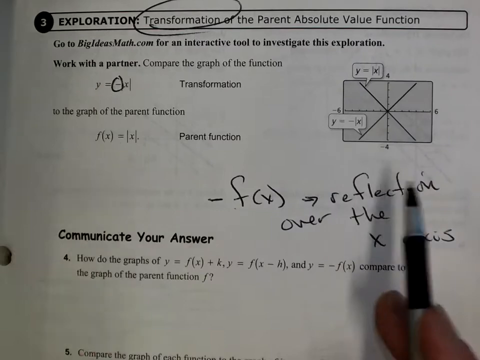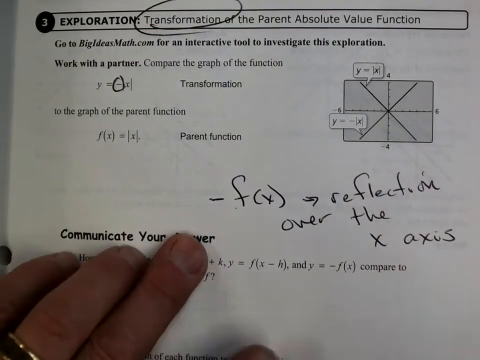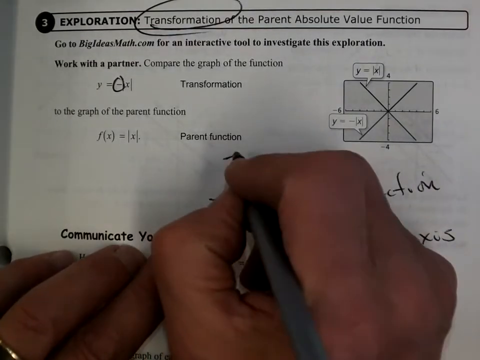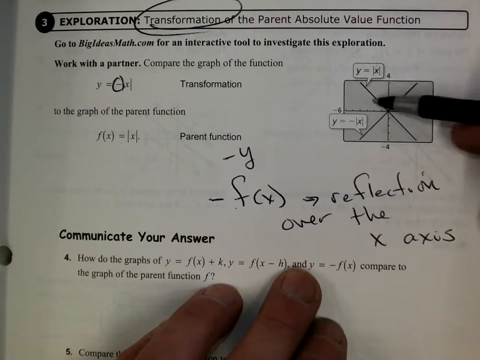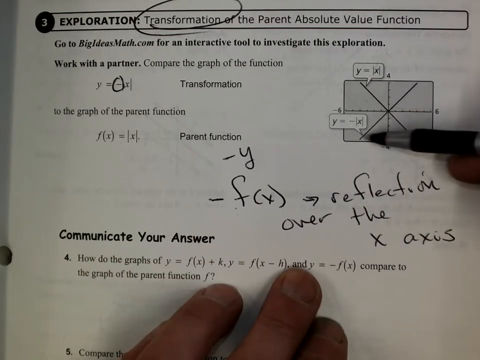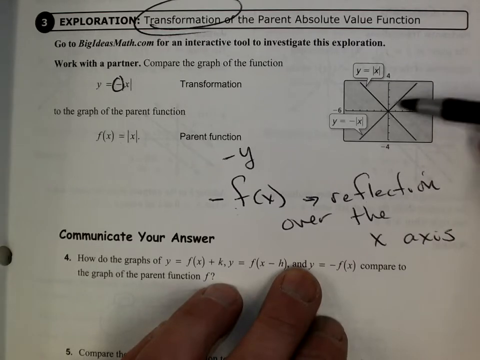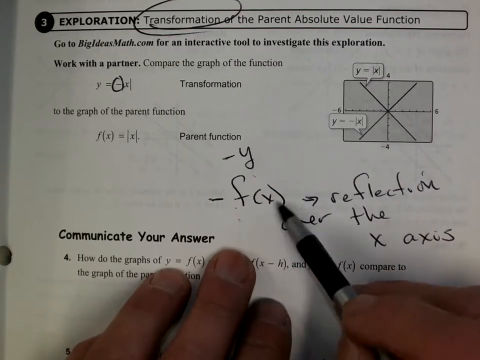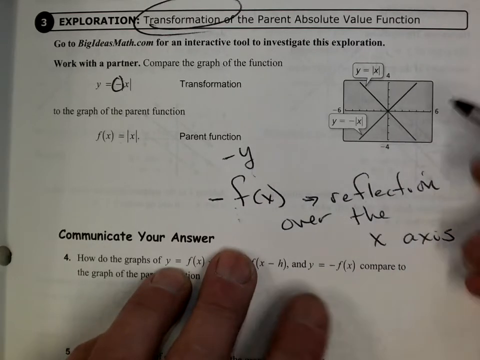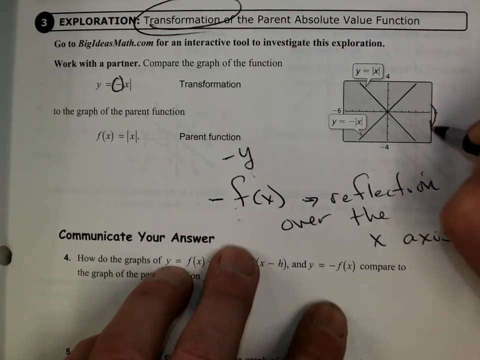Because f of x and y are the same thing, that's what we've talked about, so it's the same thing as a negative y. Well, if all my y values become negative, they would go down here. If all my y values become negative, then they would, boom, right down there. So negative f of x is like a negative y, which is a reflection over the x-axis, okay?